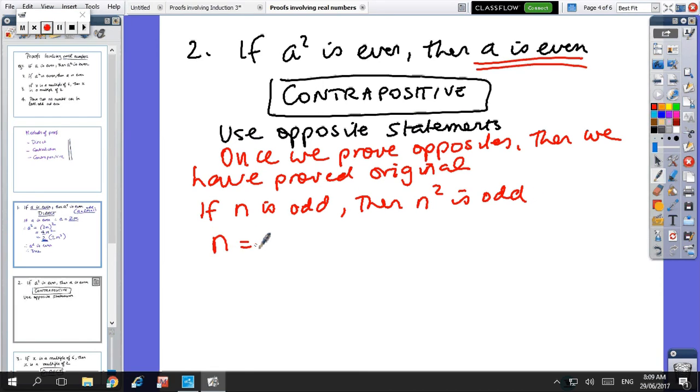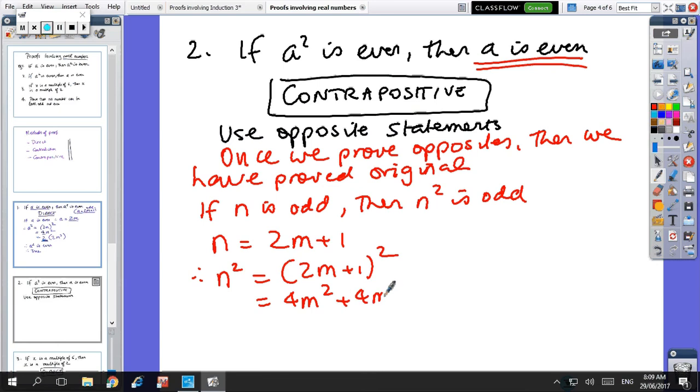So n will be equal to 2m plus 1. So n squared will be (2m plus 1) squared. So we've got 4m squared plus 4m plus 1. And then we've got 2 times (2m squared plus 2m) plus 1. So now we've got 2 times something plus 1. Like that number's going to be an integer.